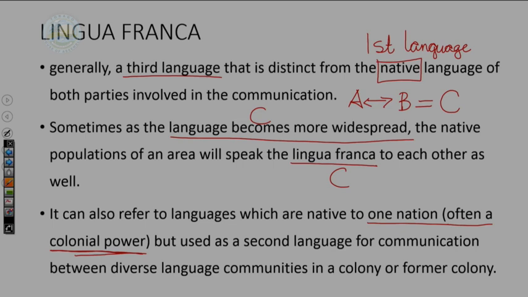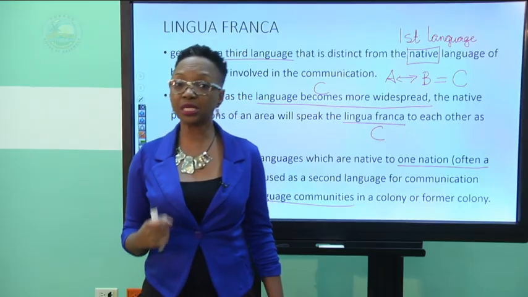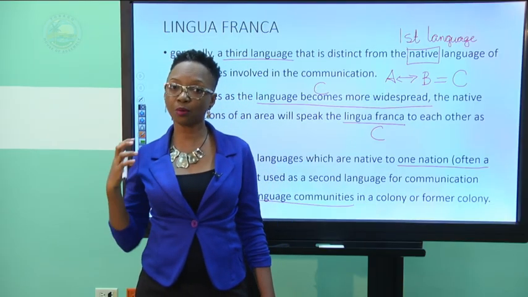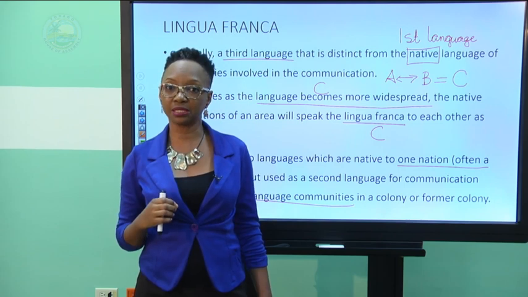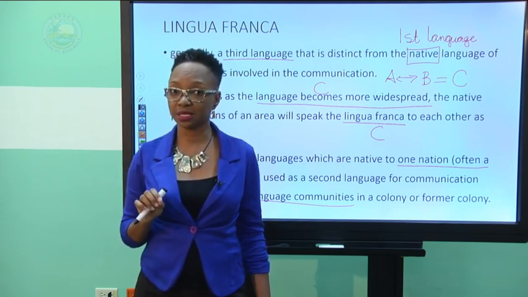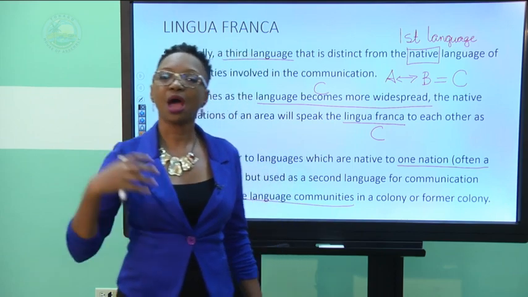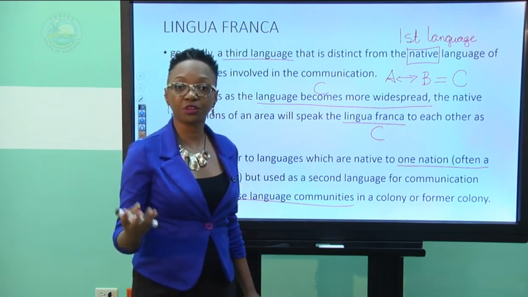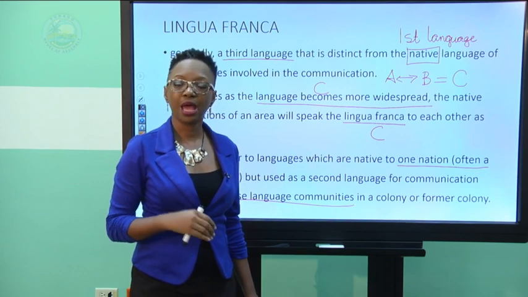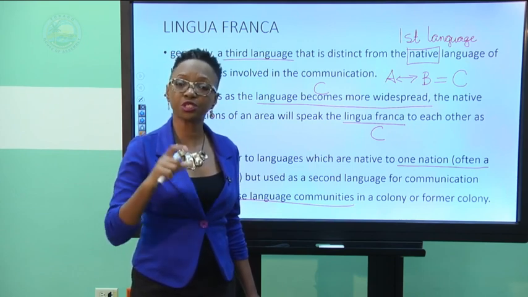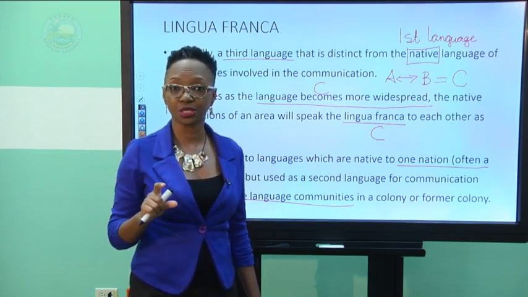So where we've had diverse language communities, if we go back to our history, and we need to understand our history when we talk about communication studies and language and society, our history tells us that Africans would have been brought to the Caribbean, and African slaves came to the Caribbean speaking different languages.